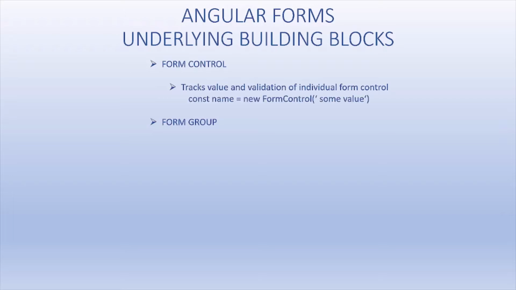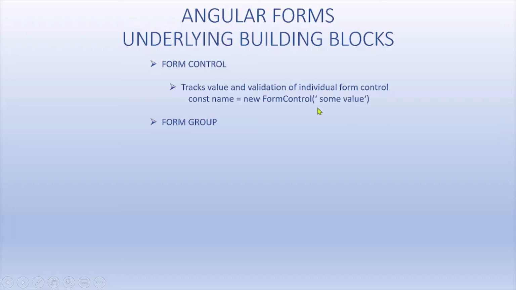Here's an example: const name equal to new FormControl, right? So what we're doing here is we're instantiating, or creating an instance of, the FormControl class and putting that into the constant name.